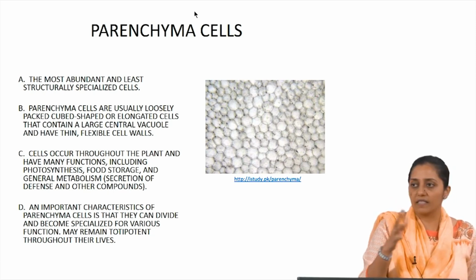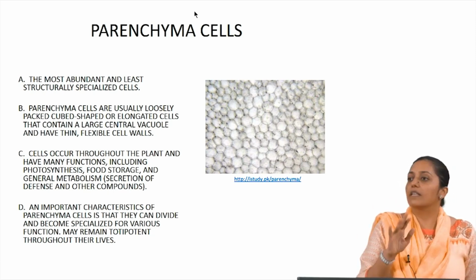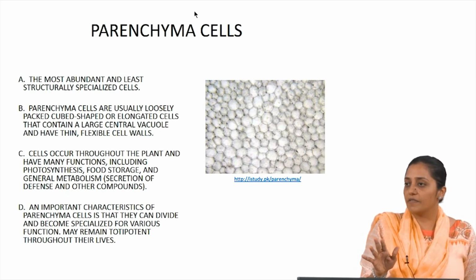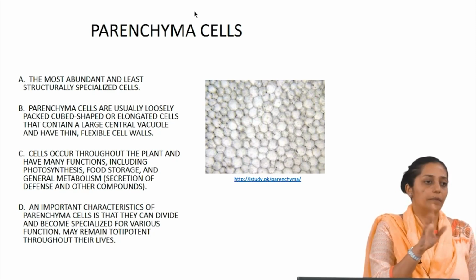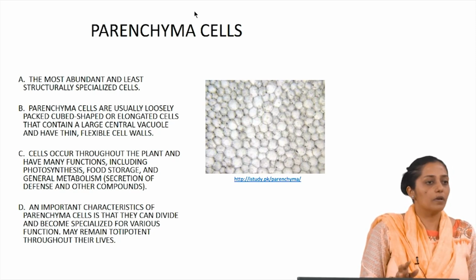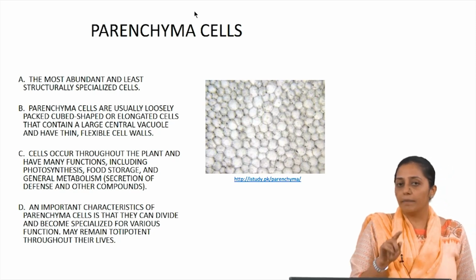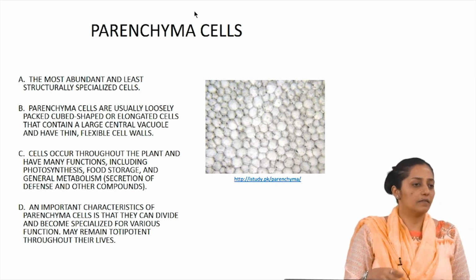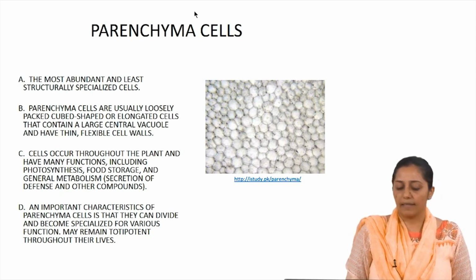There is change happening in the cell size and shape, so the cell wall needs to be flexible. So in all these parenchyma type of cells, there is only a primary cell wall, so that they are more flexible. You will find them generally square shaped, but still the shape can change a little.